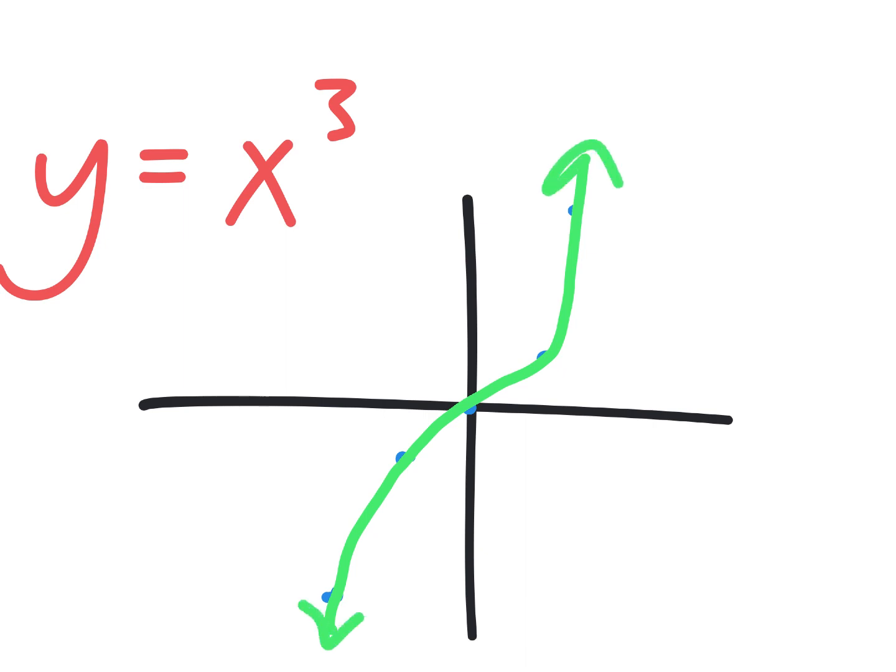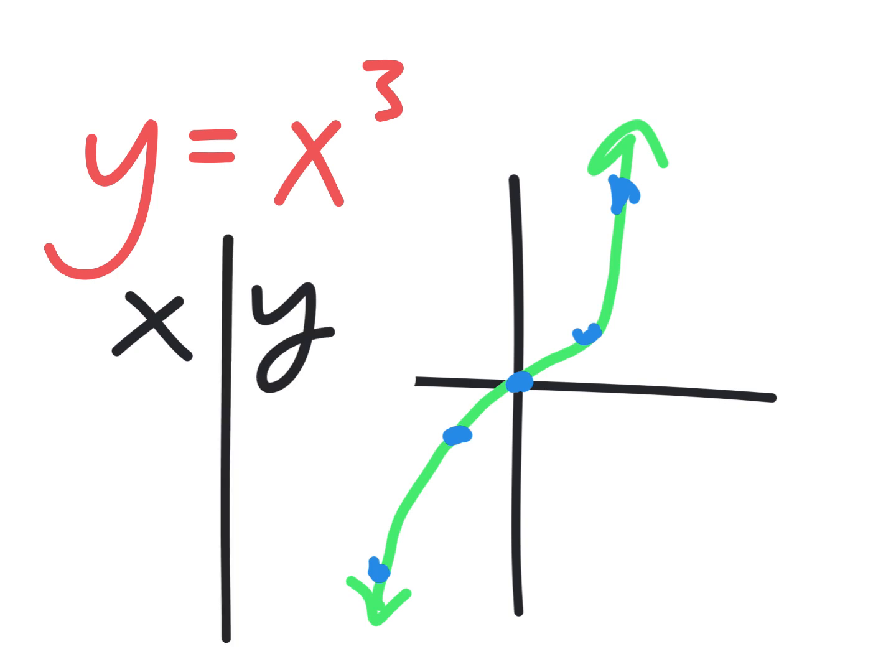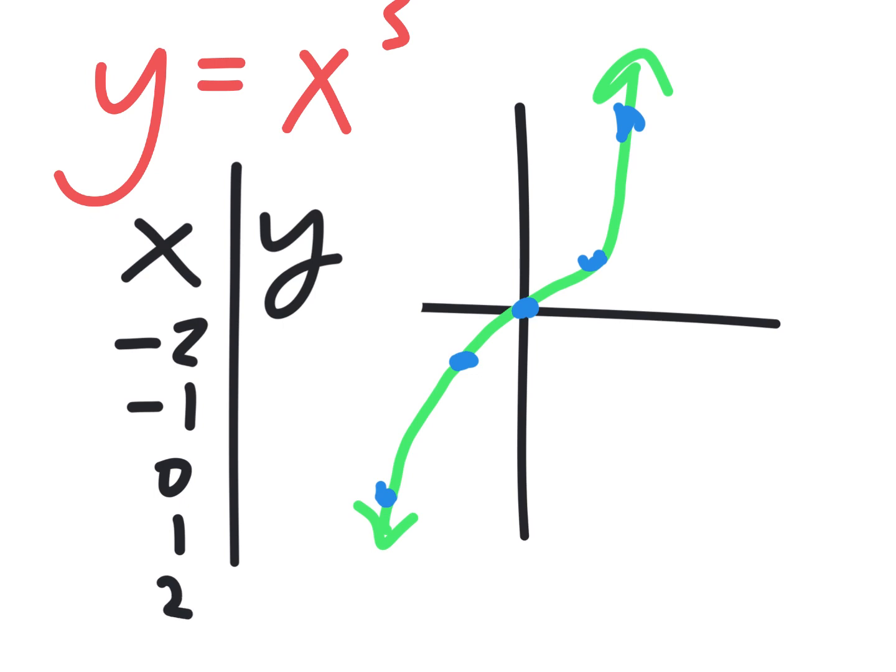That's what the graph looks like, because you can see where the dots are. So how do you get dots for a parent function? You pick any x you want, and you make an xy chart. So, for example, I'd like you to put in -2, -1, 0, 1, and 2. I want you to put in those 5 points.